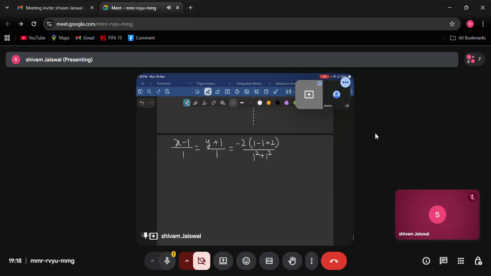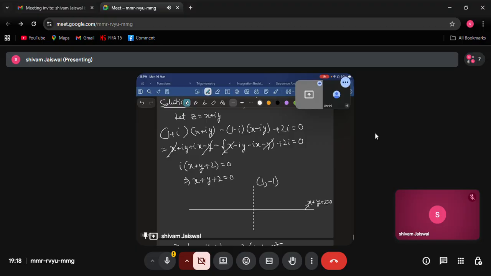This 1 square plus 1 square is 2, and in the numerator 2, they will get cancelled. So what are you getting finally? x minus 1 is equal to minus 2, and y plus 1 is equal to minus 2. So what is the image, everyone?